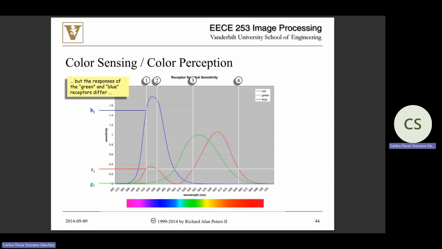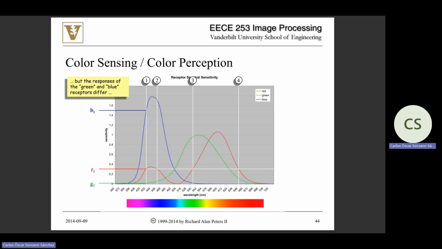So the trick comes from looking at nearby cones. Let's say that you have this red cone, but you have a blue cone nearby, and a green cone nearby. So you have three cones, red, green, and blue, close to each other.